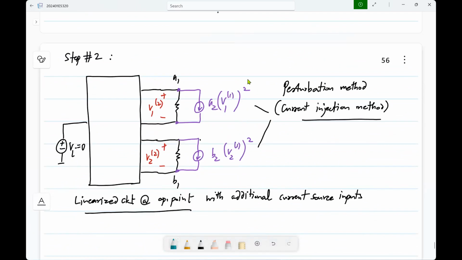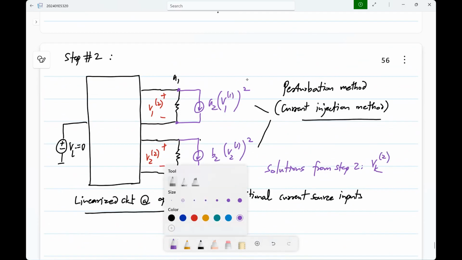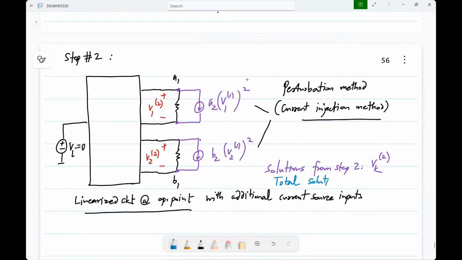Now, the solutions from the second step, okay, and the total solution so far would be, right?